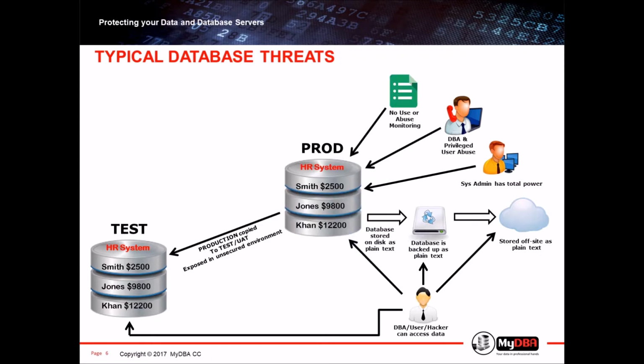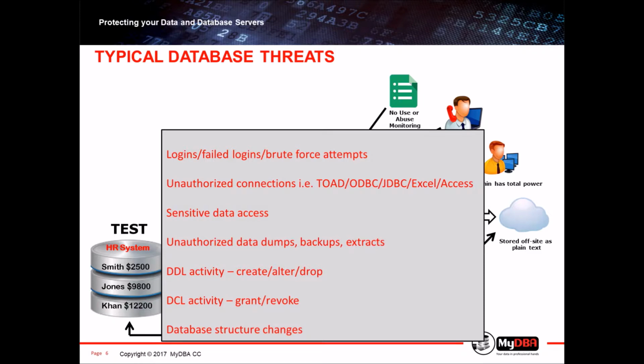Use and abuse monitoring is a very important security component, and without it you will not be able to detect unusual database activity, such as out-of-hours logins, failed logins, and brute force attempts, or even if users are using alternative tools to gain unauthorized access to the database and thereby circumventing the application security.